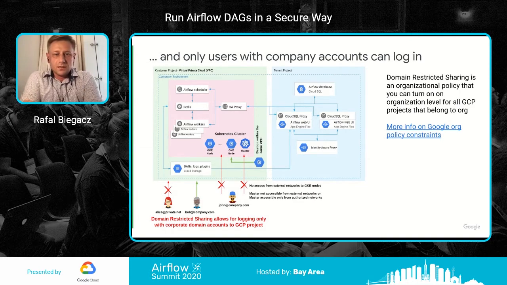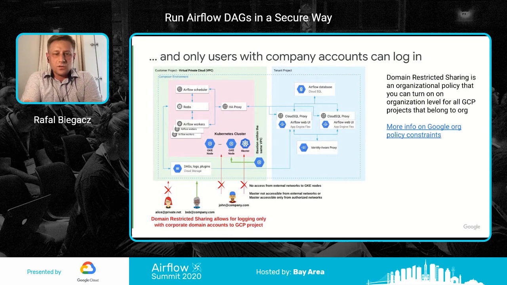So here we could apply an organizational policy, which is called domain restricted sharing. This is a feature of the GCP platform that you can turn on at the organizational level, and all the projects belonging to this organization will inherit this policy.